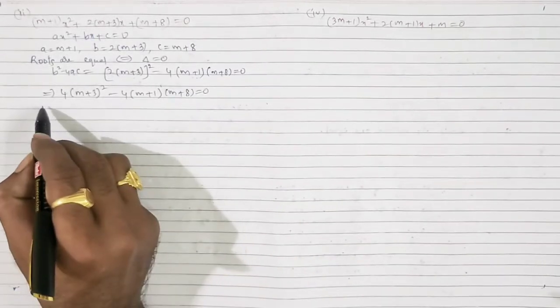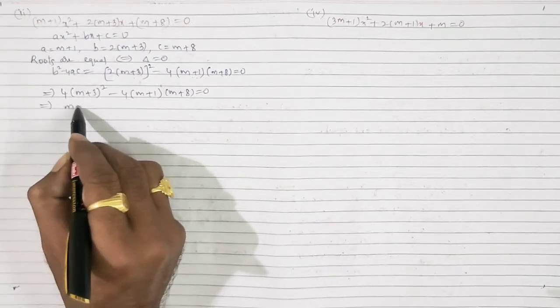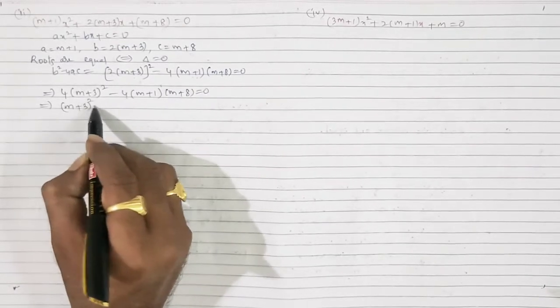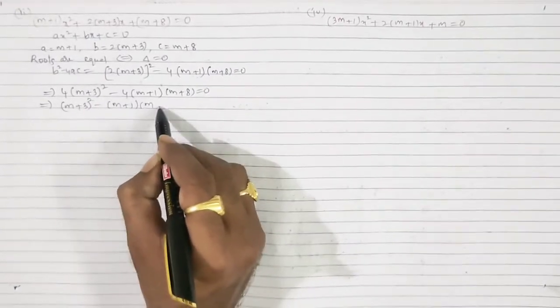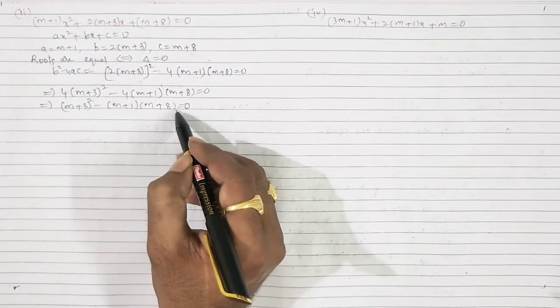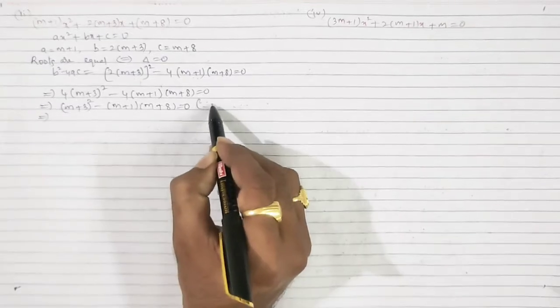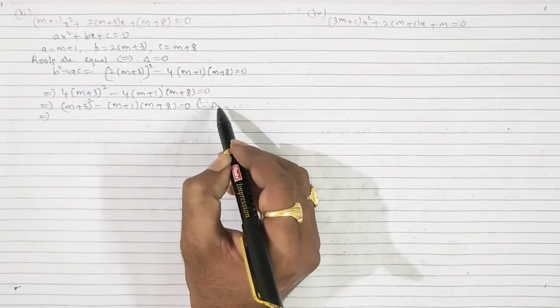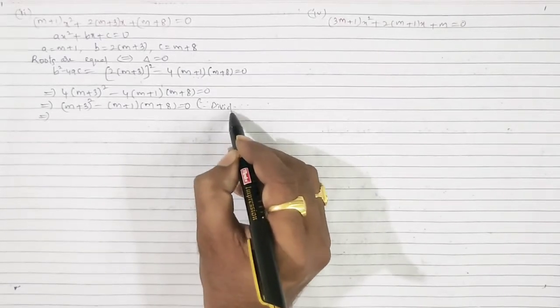So if you divide by 4, it becomes (m plus 3) whole square minus (m plus 1) into (m plus 8) is equal to 0. How did you get this step? Because we divided by 4.